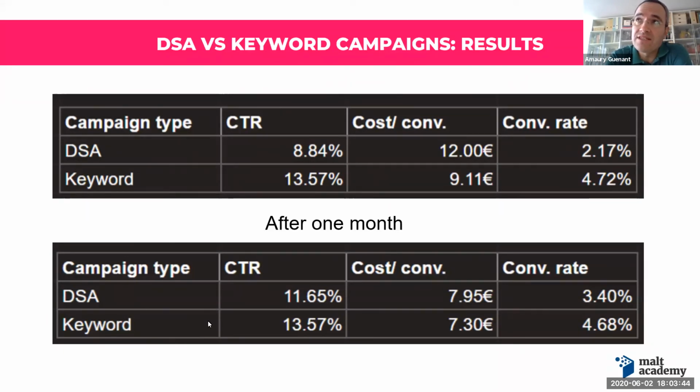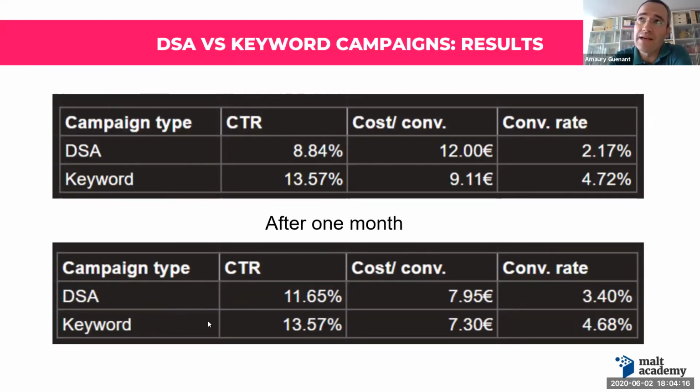Even today, with the broad match system, where Google is broad in finding new relevant search queries for you, it's very hard to cover all areas, and that's where the DSA campaign comes in. It's a backup of your keyword campaign, and that's the way I see it.